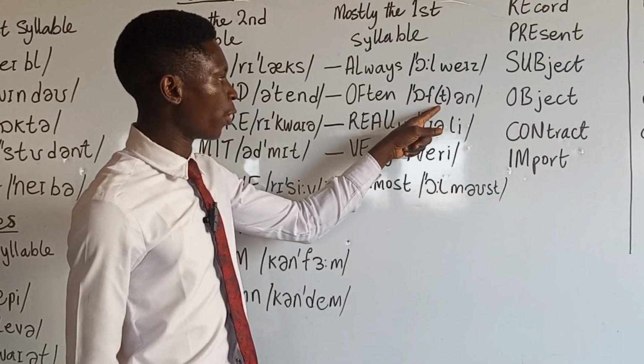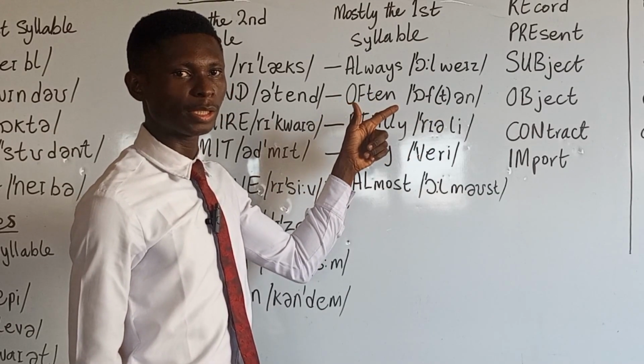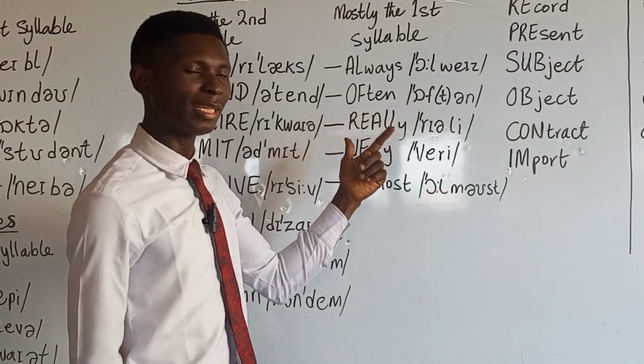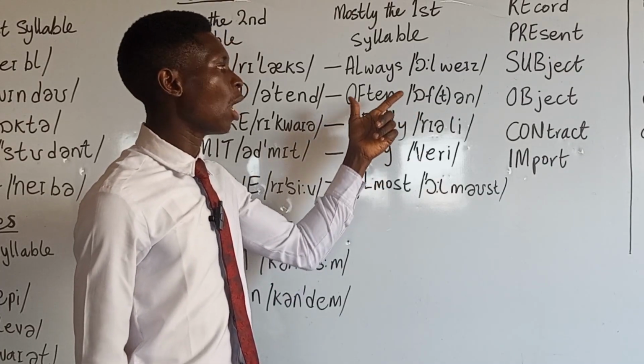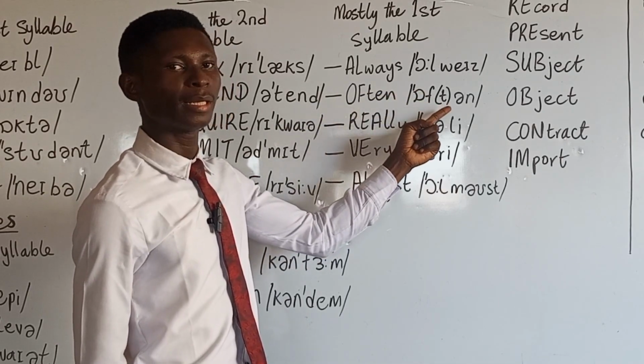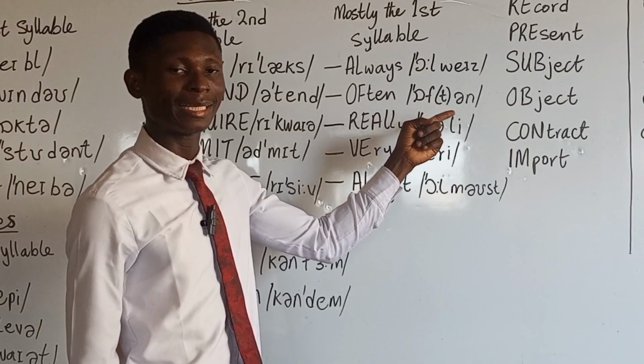Note this particular word, often. It is one word in free variation in the sense that it has more than one pronunciation. It is either you pronounce it as often or often. Hence the transcription. In the transcription, you see a sound in parentheses, that is in bracket.